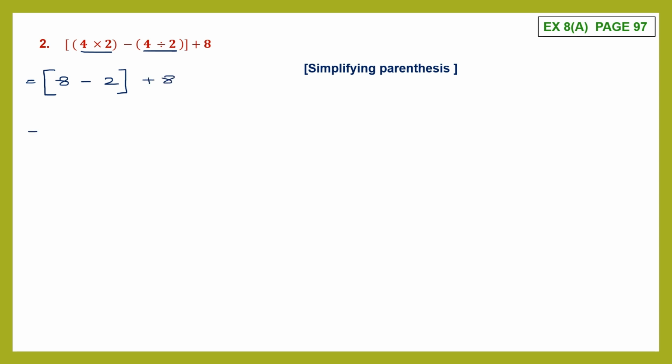So now we have only the square bracket and we have the operation plus 8. So we are going to simplify the square bracket. By removing it, 8 minus 2 is 6 plus 8. Now 6 plus 8, we just have to do the addition. It's 14. So what is our answer to this question? 14.